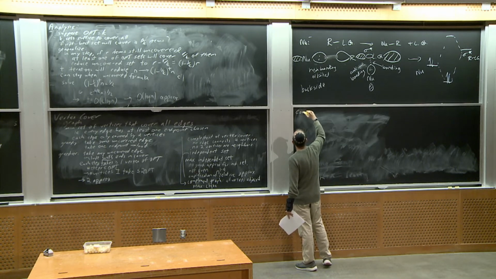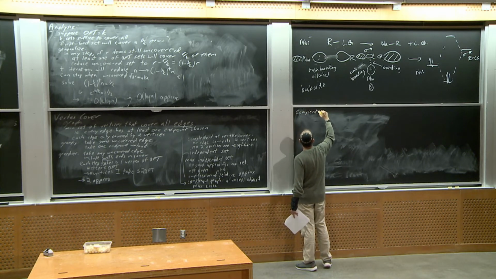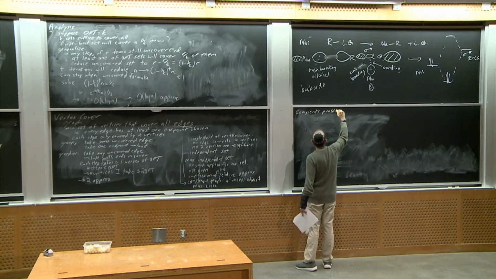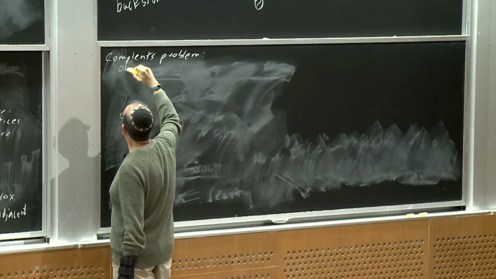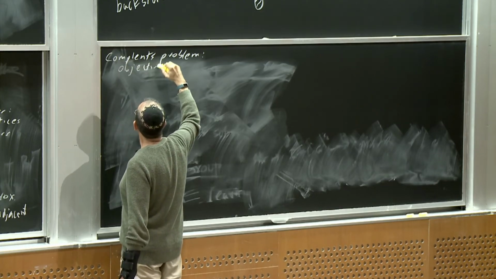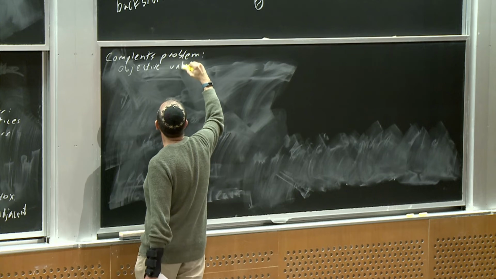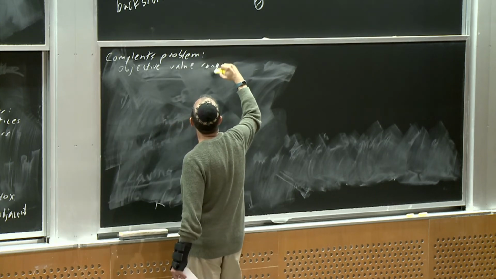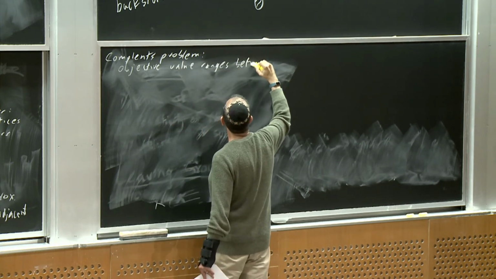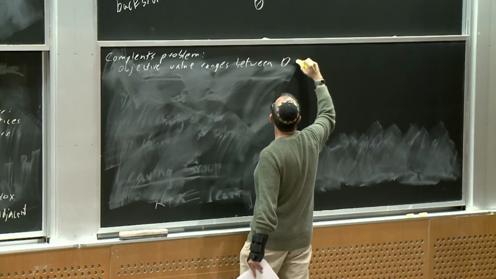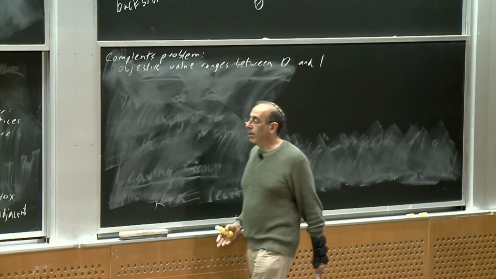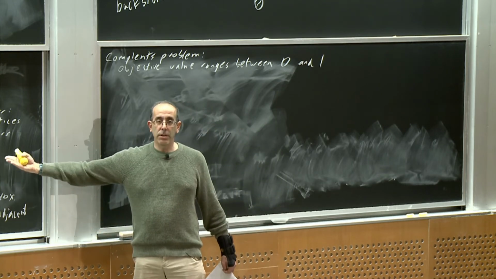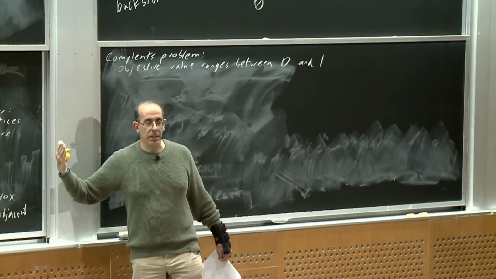So the problem with complements is suppose that you have some objective whose value ranges between 0 and 1. I'm just going to be scaling, right? Your objective can range from no vertices to all the vertices.